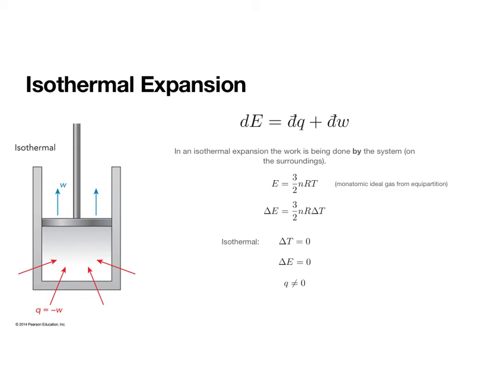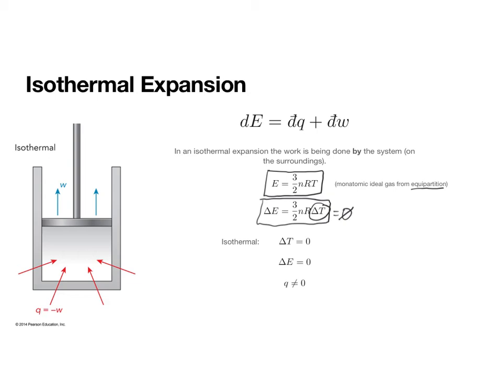So what does all of this mean? Well, in an isothermal expansion, work is being done by the system on the surroundings. And based on the equipartition theorem, we know the definition for the energy of the system. And so the change of energy is going to just be 3/2 nR delta T. But we're at isothermal conditions, and so this delta T is equal to 0 because the temperature isn't changing.